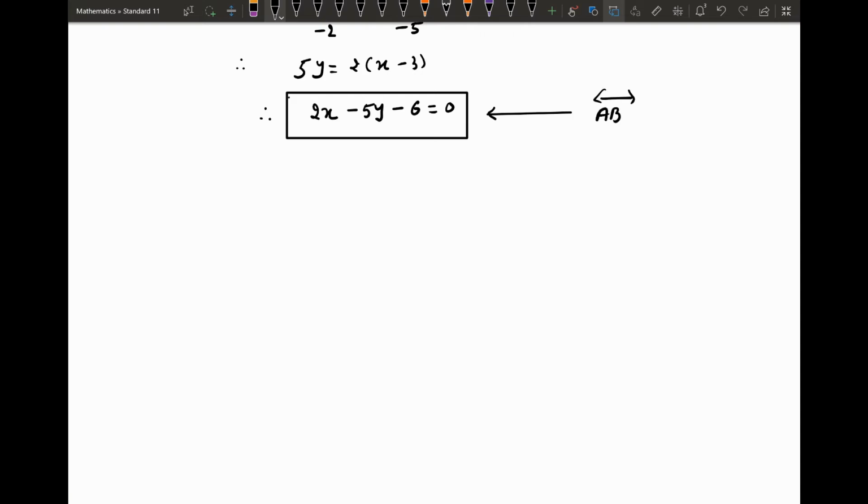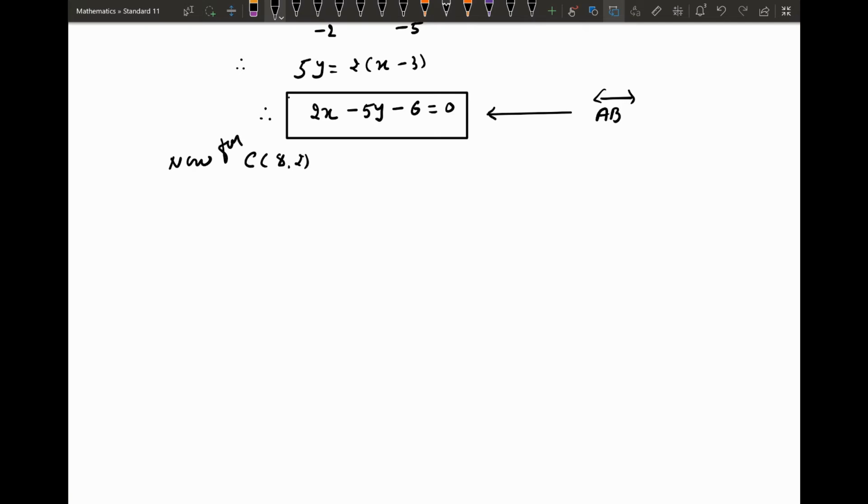Now using the concept of lines, we will prove that the remaining coordinates, that means coordinates of point C, satisfy this equation. Coordinates of C are 8 comma 2.